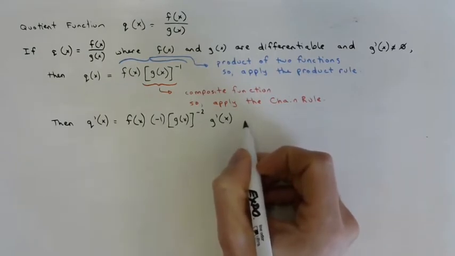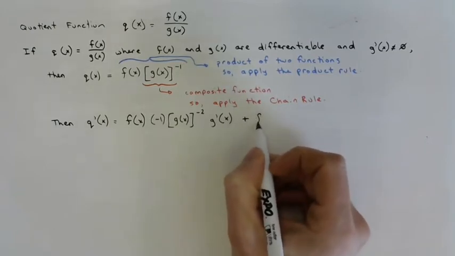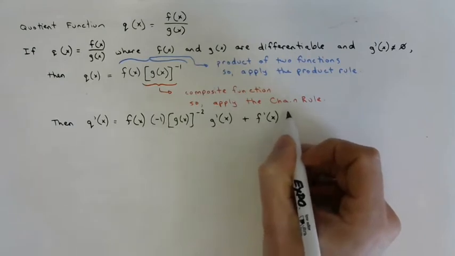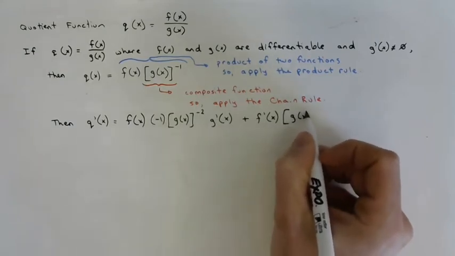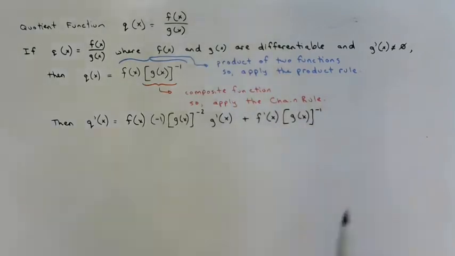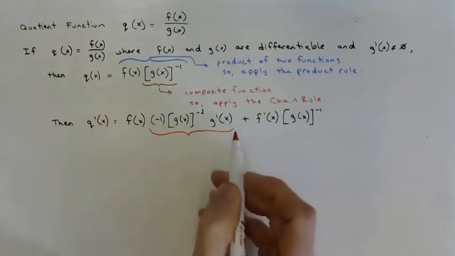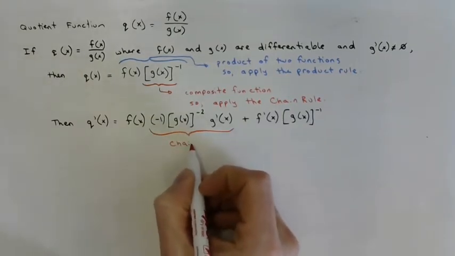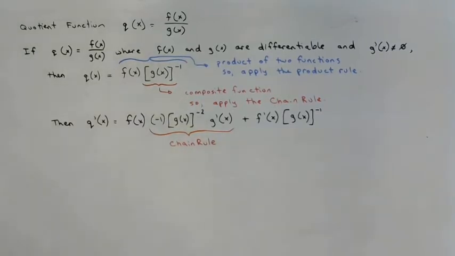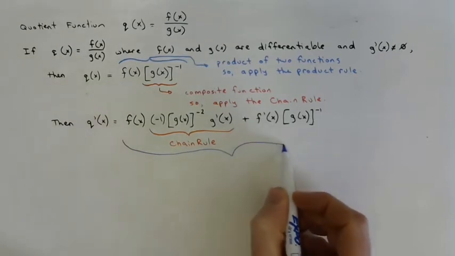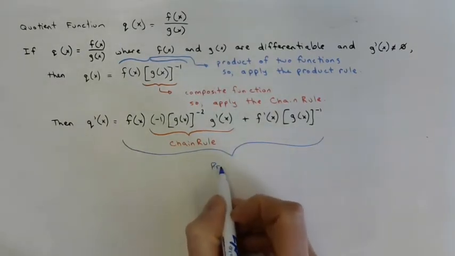And then to finish off the product rule, the second part of the product rule would be to add the derivative of the first function times the second function. Okay, so right here, that's chain rule, and this whole thing is the product rule.